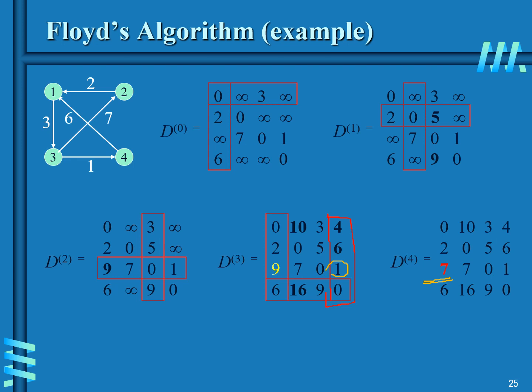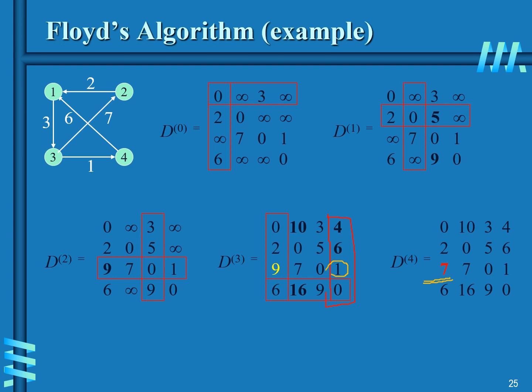When you compare with 9, it is less, so that the 9 is replaced as 7. Then when you come to 7, here 1, here 16, no change. 0 you cannot modify, for 1 you cannot modify. Okay, so 6, 16, 0 as such, because this is boxed column. Okay, so this is your required solution.